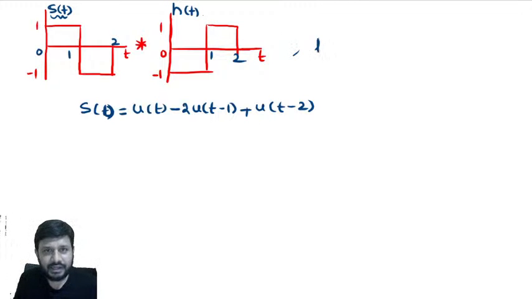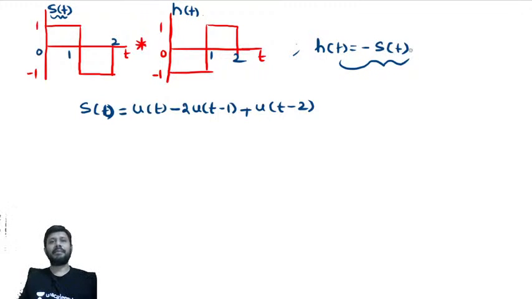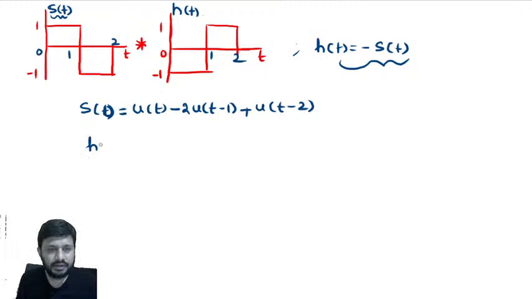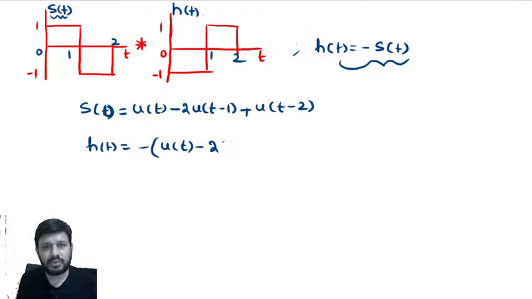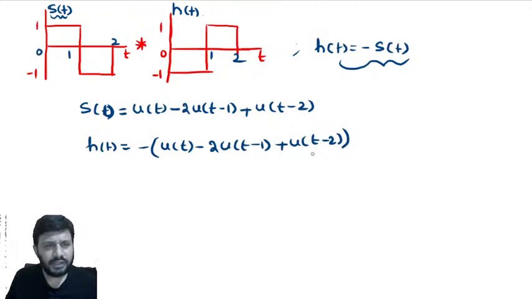Here can I write that h(t) is nothing but minus s(t)? Yes. So h(t) is nothing but minus of u(t) minus 2 u(t minus 1) plus u(t minus 2). Simply take the amplitude reversal of s(t). Give a 180 degrees phase shift.